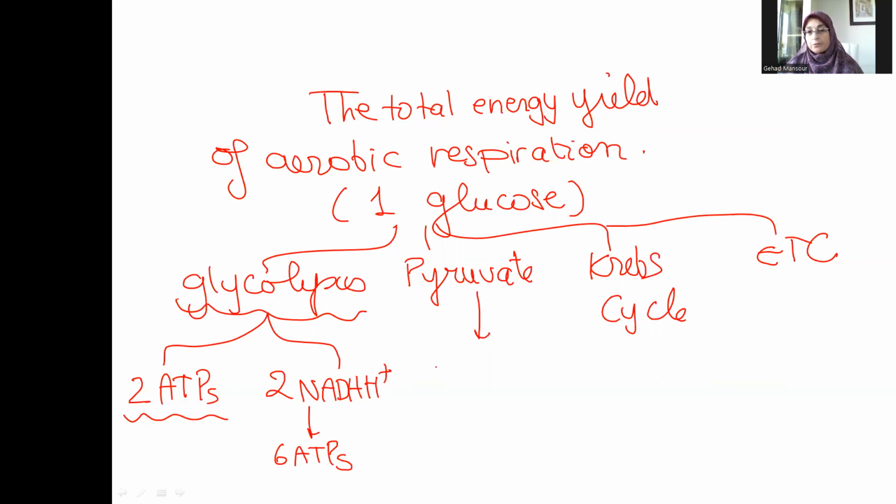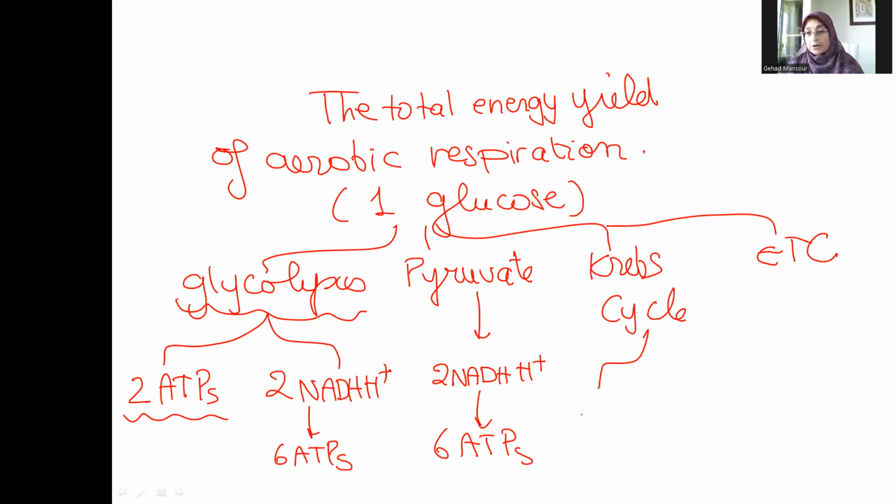And then in the pyruvate reaction, from the 2 molecules of pyruvic acid, we also obtained 2 reduced NAD molecules, and the 2 reduced NAD molecules along the electron transfer chain gave 6 ATPs.